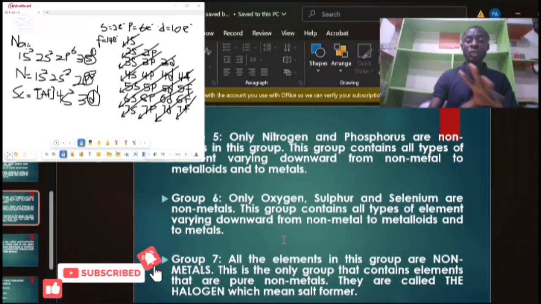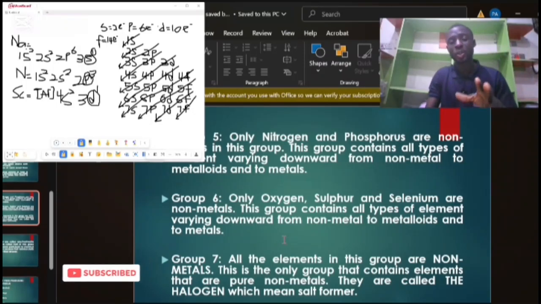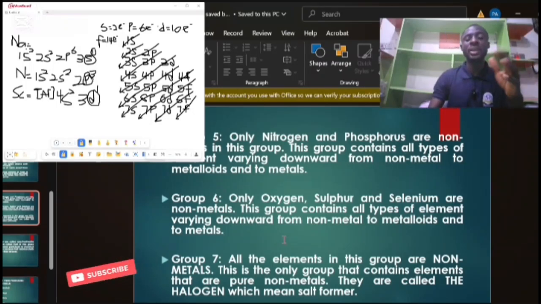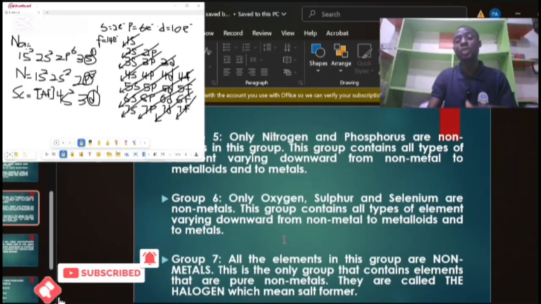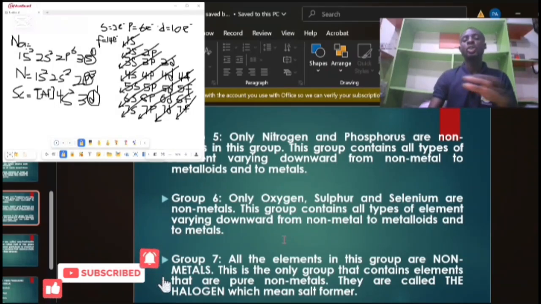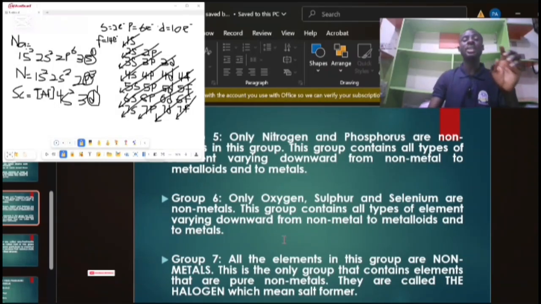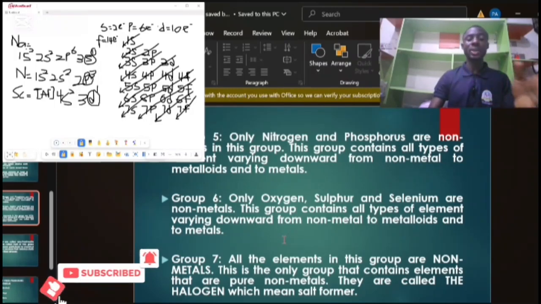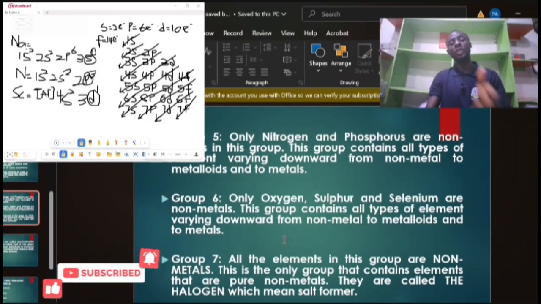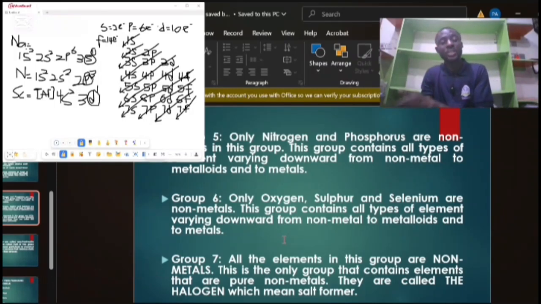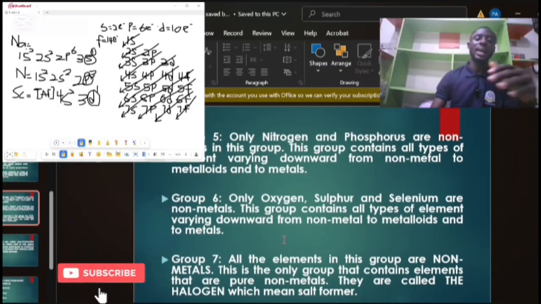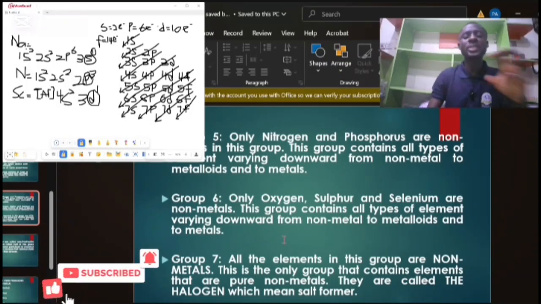They are non-metals. In group 6 also, as you go down, you are moving from non-metals to metalloids and to metals. So it's only oxygen, sulfur, and selenium that are non-metals. That means the next element will be a metalloid. As you are going down the group, you are going towards the metallic element.